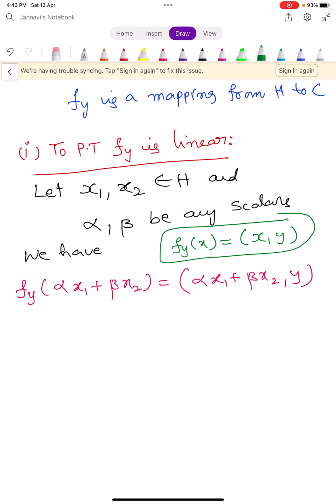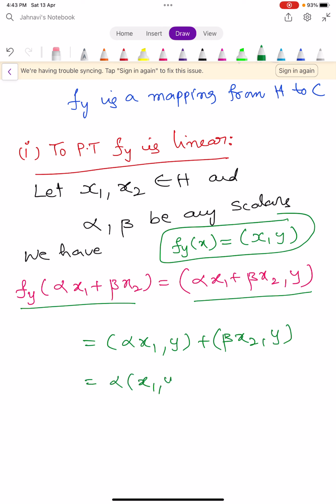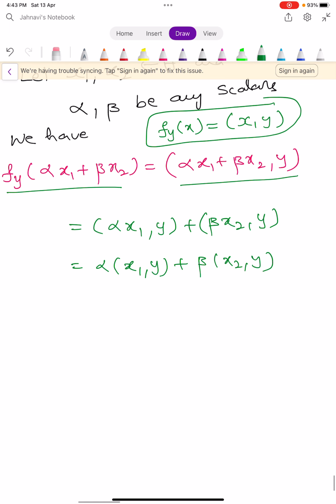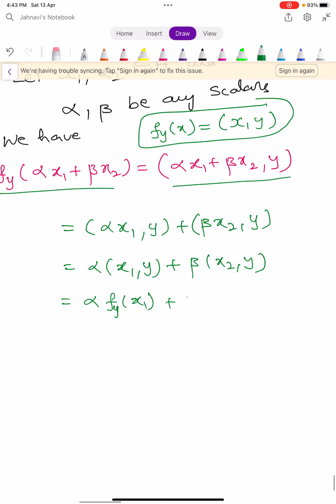By the property of the inner product, this is alpha x1 comma y plus beta x2 comma y, which can be written as alpha into the inner product of x1 comma y plus beta into the inner product of x2 comma y, that is, alpha into fy of x1 plus beta into fy of x2.